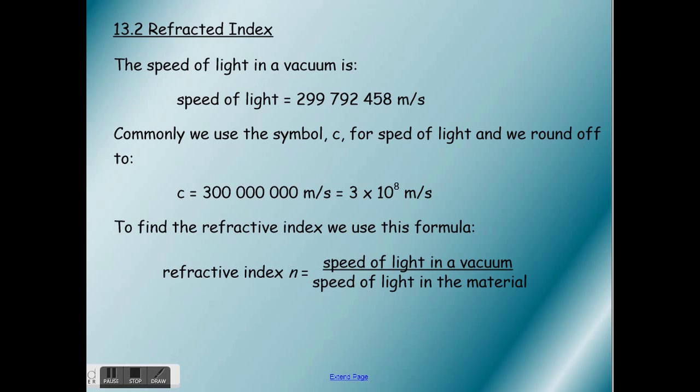But with questions like this, normally you're given one of two things: you'll either be given the speed of light, or the refractive index. And then you can find the speed of light in the material. The formula is fairly straightforward: n equals c over the speed of light in our material.